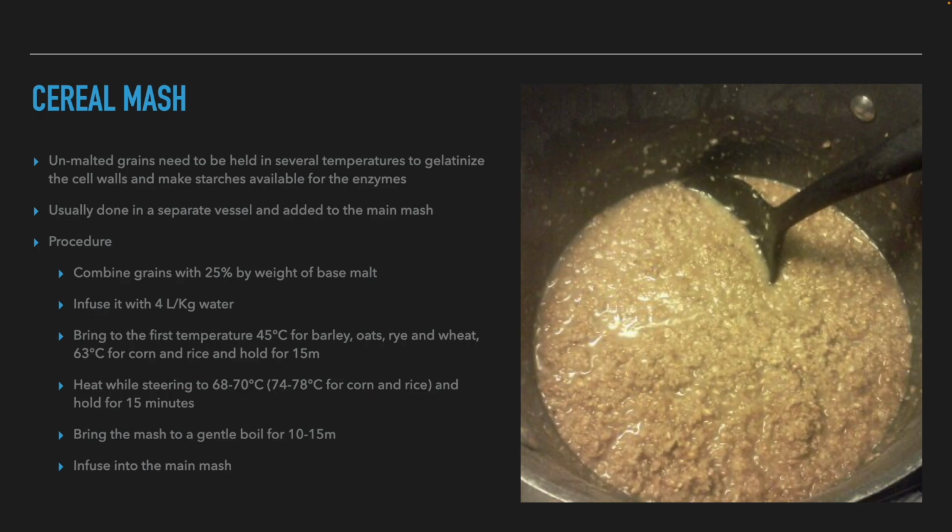This is not really a mash since we do not convert starches to sugars, but we free the starches. When the cereal mash is added to the main mash, the freed starches are broken down by the main mash. If you use pre-gelatinized grains like flakes or torrefied grains, you don't need to perform a cereal mash.